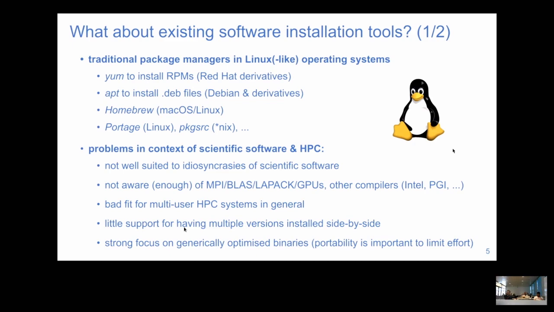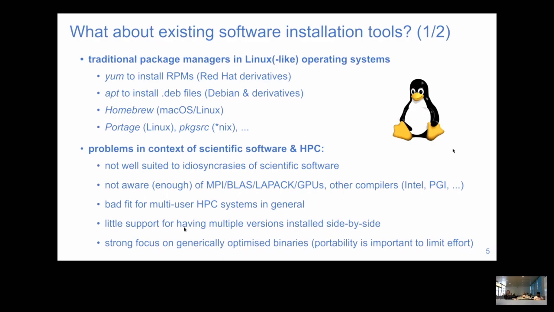They also are not a good fit for installing software on a multi-user system, like an HPC system, where they have many hundreds or maybe thousands of users who need different things working alongside each other. Even having just something fairly trivial, like having multiple versions of the same software package installed side by side, can already be a problem.